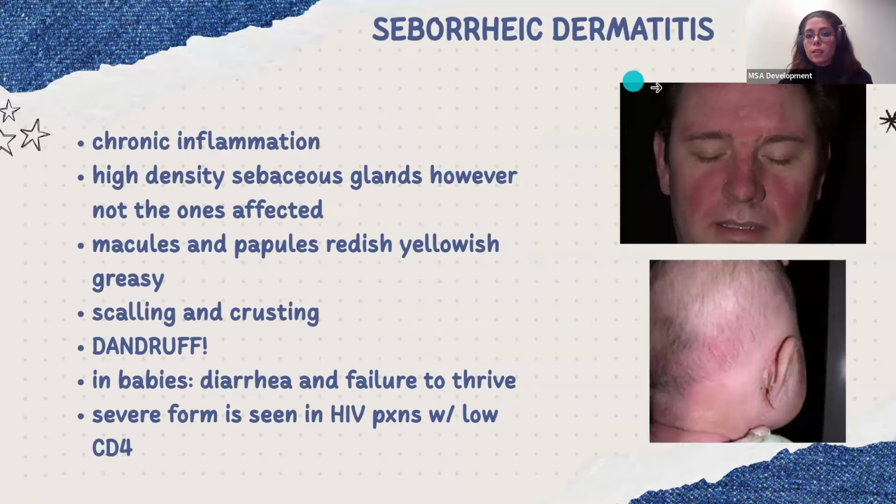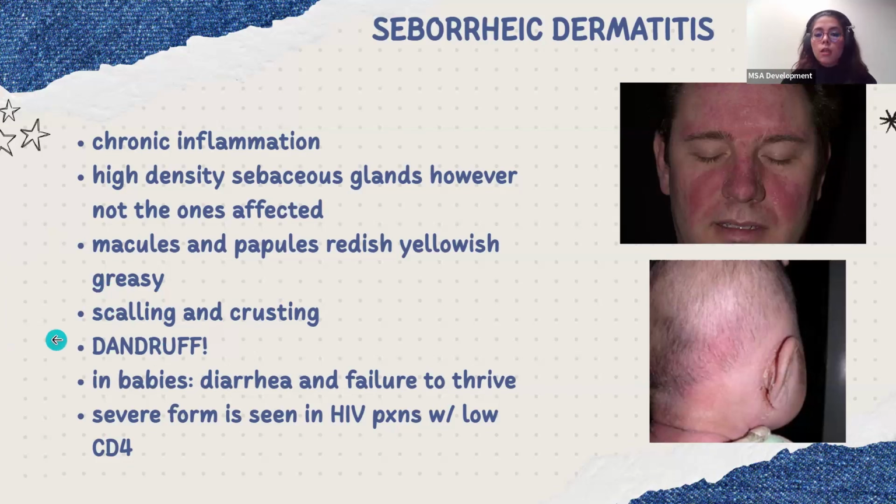Seborrheic dermatitis. It's a really interesting disease. High density sebaceous glands, but they're fine. They're not the ones that are involved in a way. Macules and papules, reddish, yellowish, and greasy.